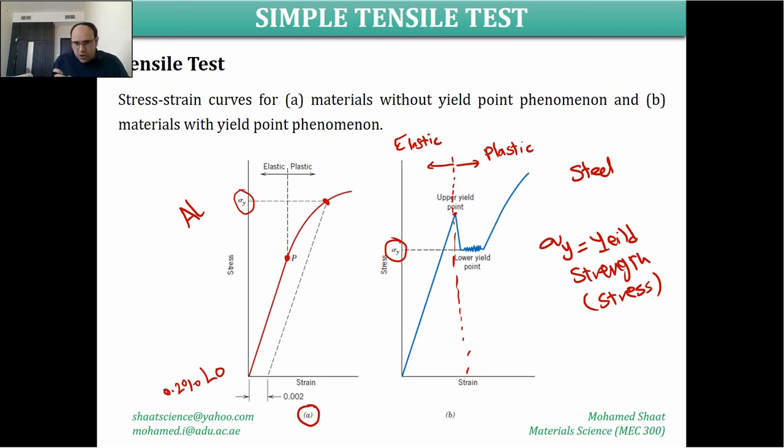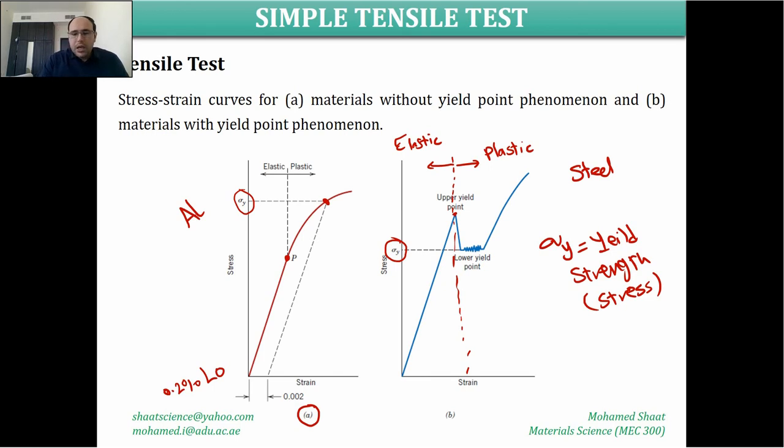Then you draw a line that is parallel to the original linear line. It should be completely parallel. It will intersect the curve at a point within the plastic region. From that point, if you draw a horizontal line to intersect with the vertical axis, the corresponding value of the stress will be considered the yield strength or yield stress of the material.